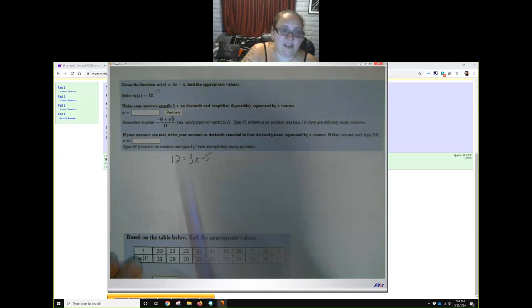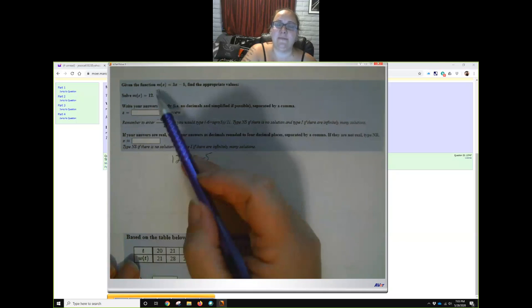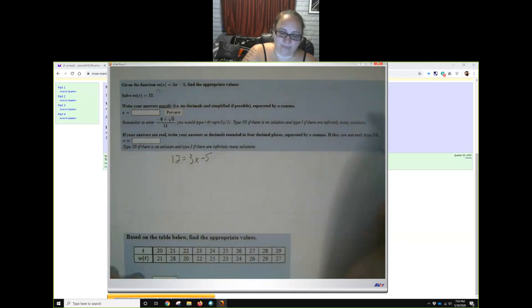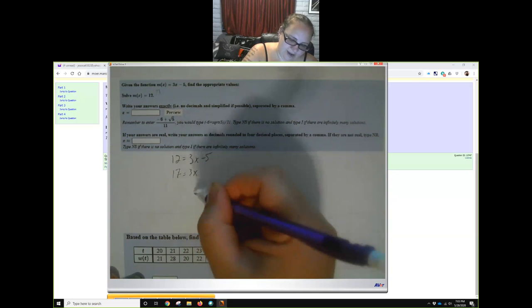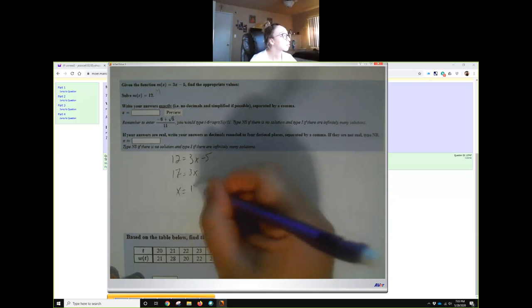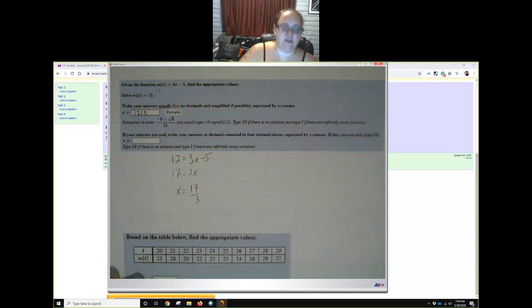So notice again that they didn't give me x, they gave me m of x. So I'm not going to replace x, I'm going to replace m of x. And then solve, add the 5, divide by 3. 17 over 3.